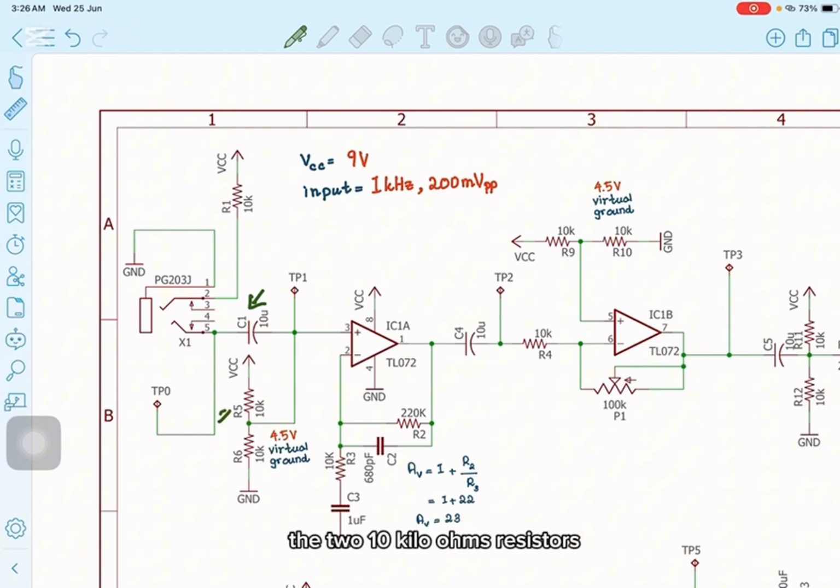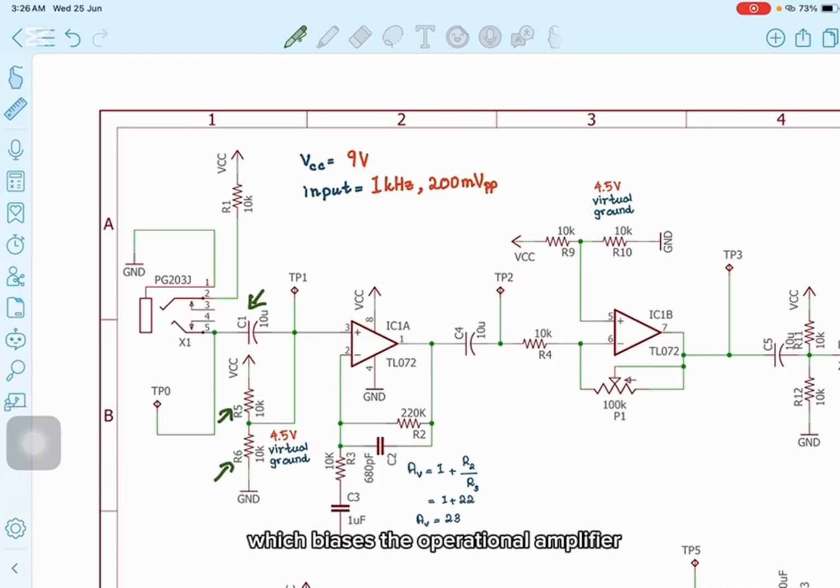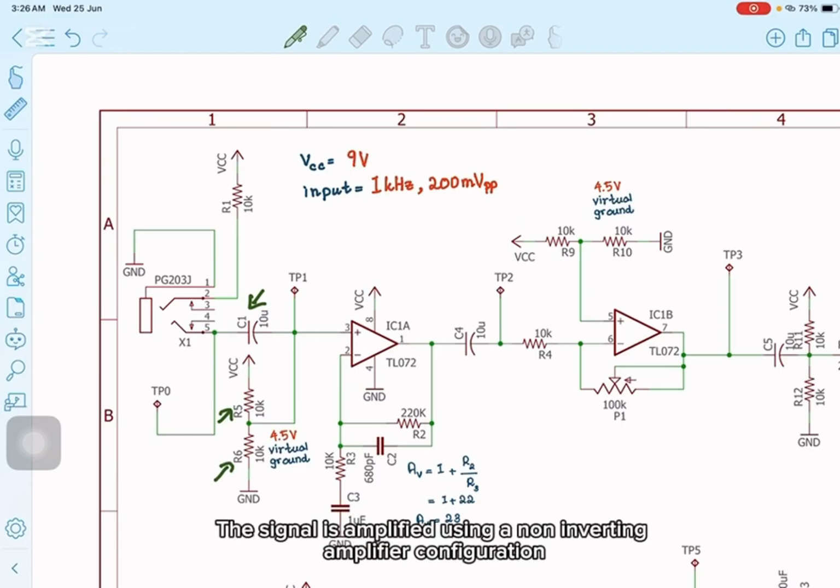The two 10 kilo ohm resistors form a voltage divider, creating a 4.5 volt virtual ground, which biases the operational amplifier for single supply operation using a 9-volt supply. The signal is amplified using a non-inverting amplifier configuration.